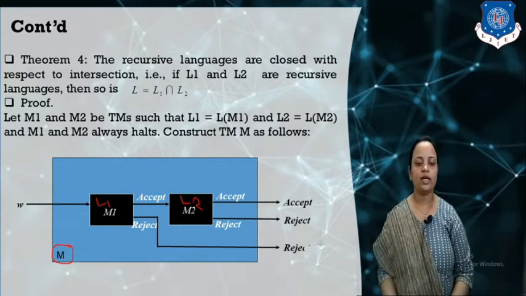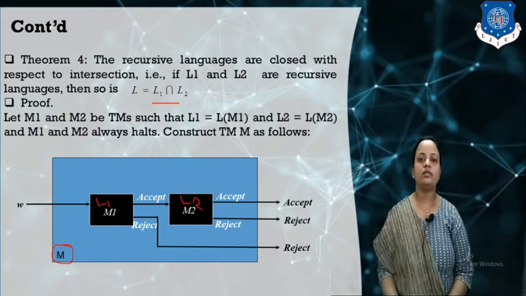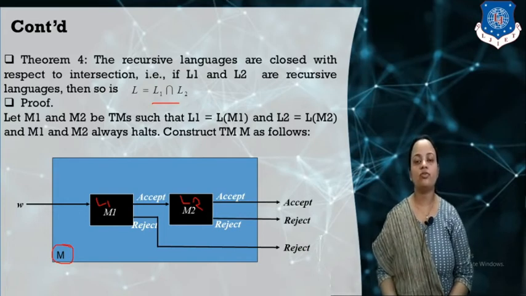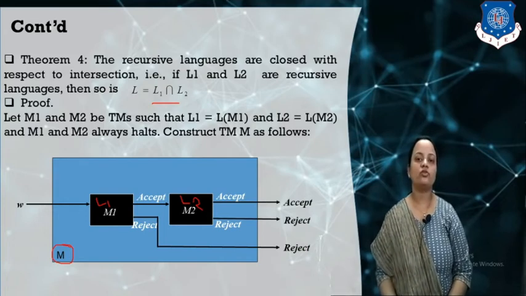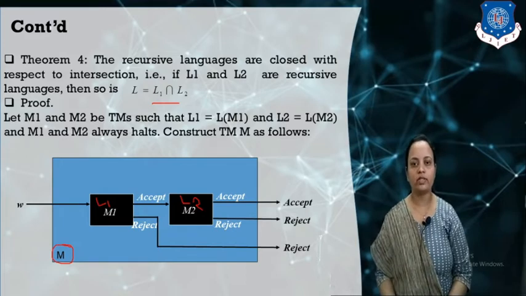N is the resultant Turing machine designed after performing an intersection on these two languages. Intersection means the string which belongs to both languages is accepted, otherwise it is rejected.